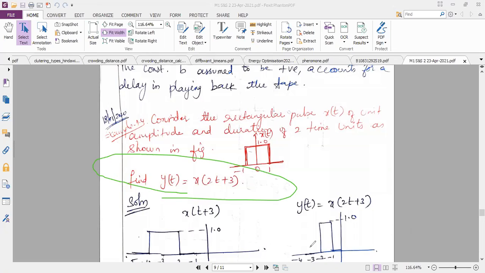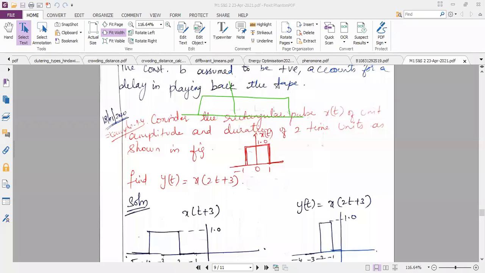Is Microsoft Word visible on the screen? Yes, ma'am. Let me show you the solution on a new page so that you will find it easy to understand. So now I have a diagram like this, with -1 and +1, and the amplitude is 1.